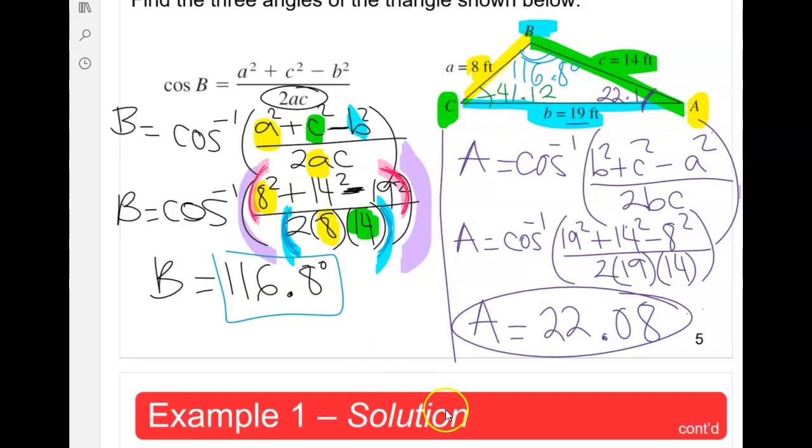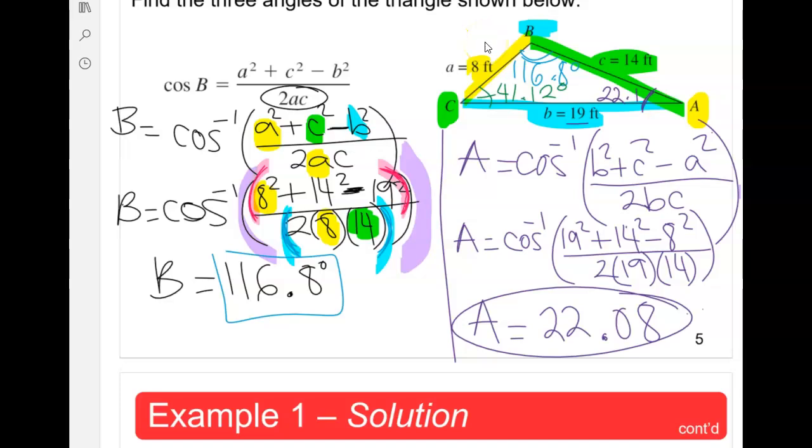The little markings that I do on the angles are just to denote that they're not equal. Even though it's pretty obvious that they're not, it's still good practice. You can notice that the longest side here is 19 feet, and it is opposite to the biggest angle, the obtuse angle, 116.8. And then the smallest angle is 22.1 degrees, and that one is opposite to the smallest side, which is 8 feet.